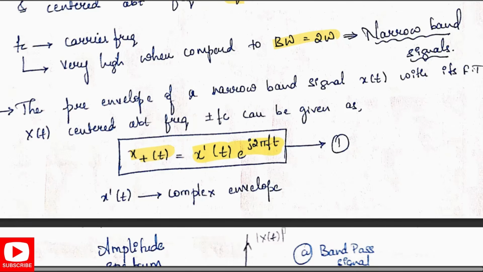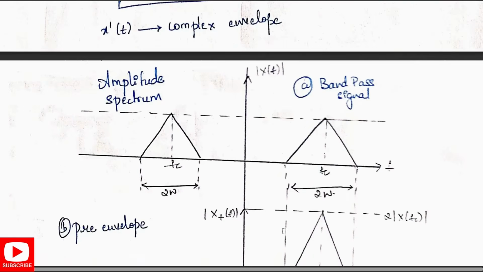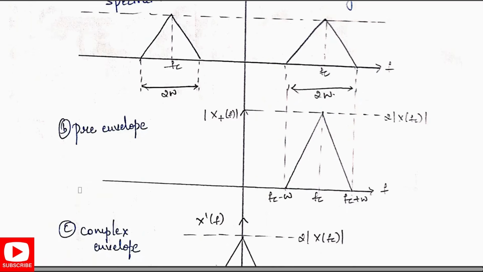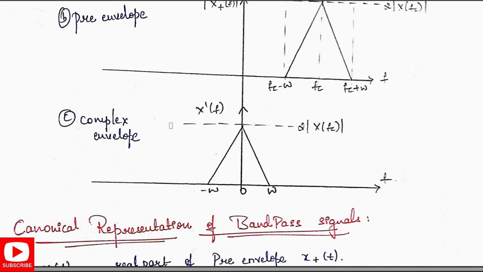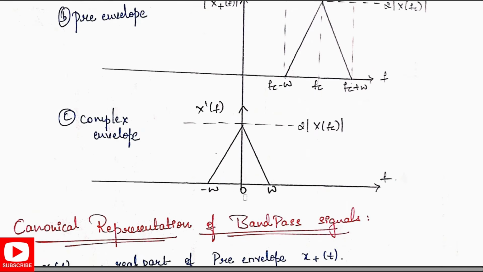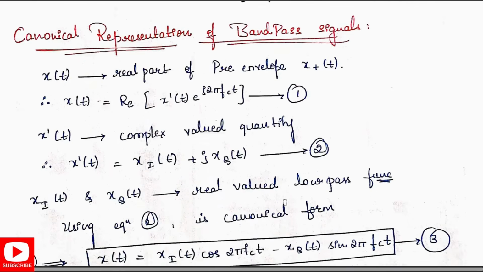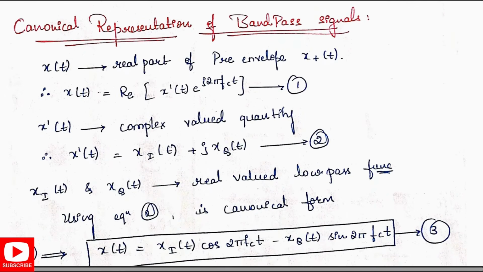This is given as equation 1, where x dash of t is the complex envelope. Representing that, this is our amplitude spectrum, and for the bandpass signal, this is how it looks. In the pre-envelope, this is its position, that is fc minus omega to fc plus omega. For our complex envelope, that is x dash of f, it is from minus omega to plus omega. Next is the canonical representation of the bandpass signal.